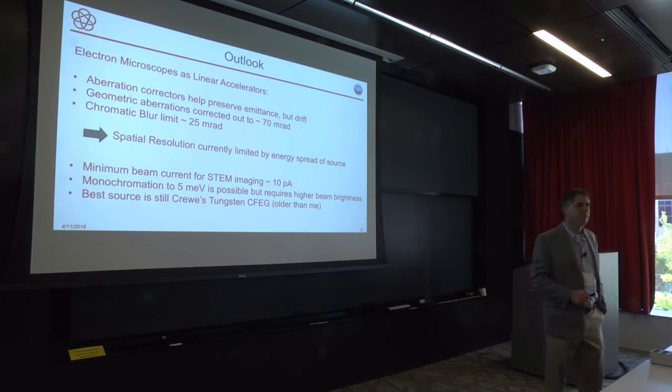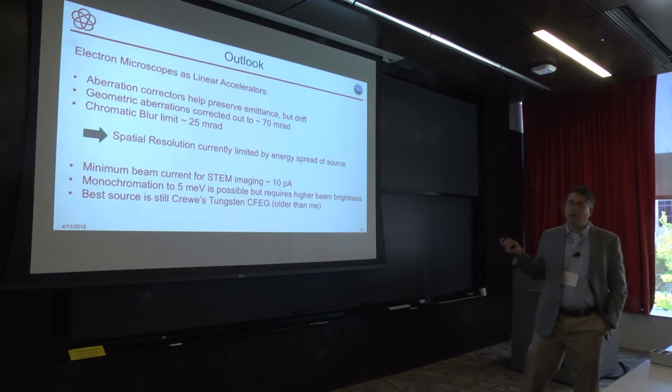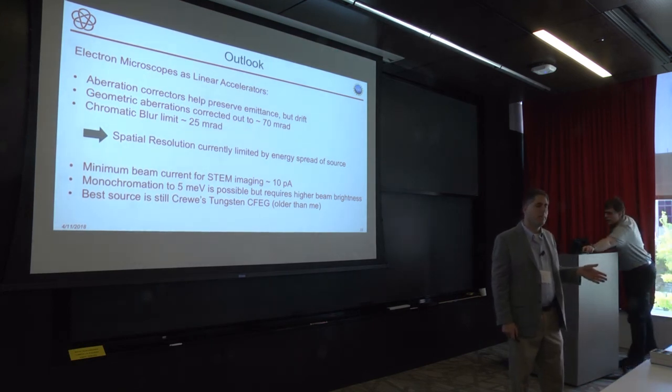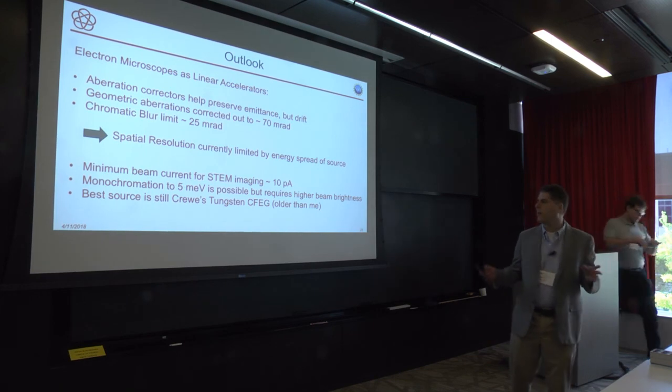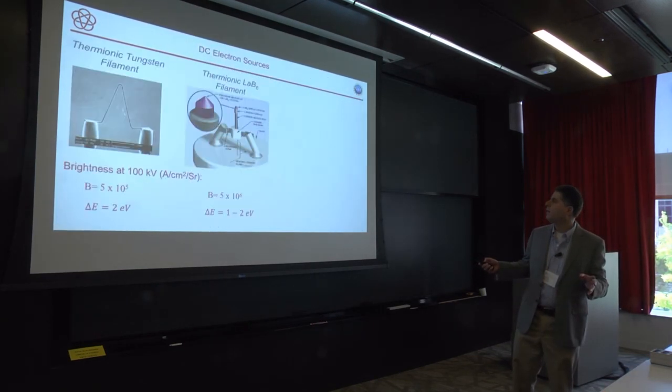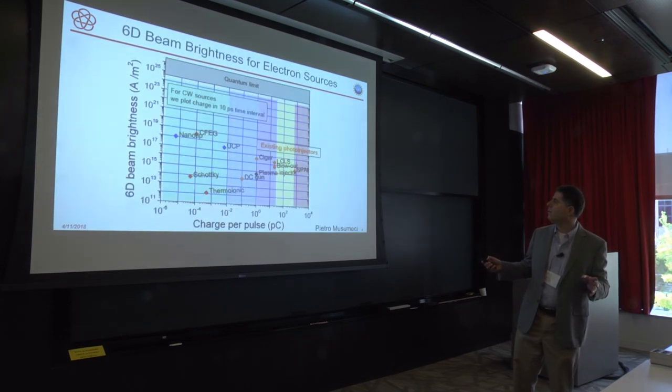What is the source of energy spread? For many of our systems, it's the field emission process itself. That's the Fowler-Nordheim tunneling, so it depends how you run the tip.